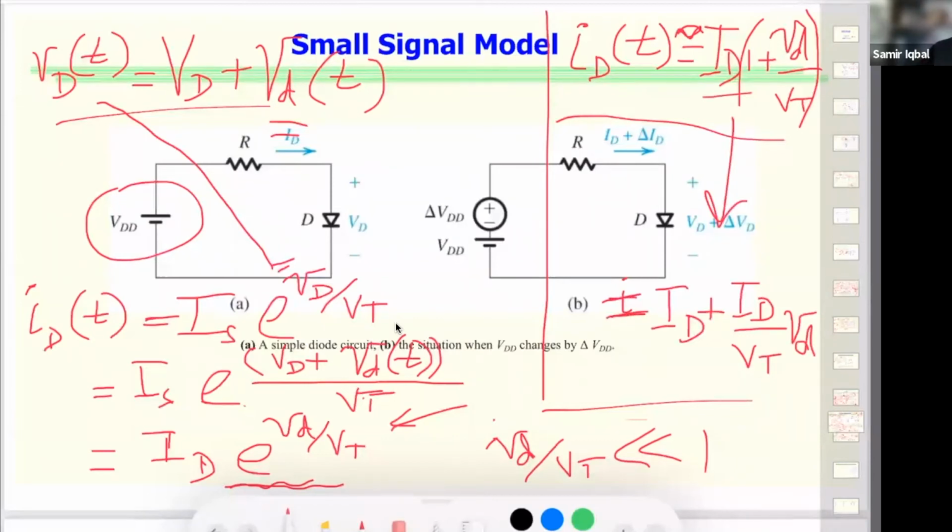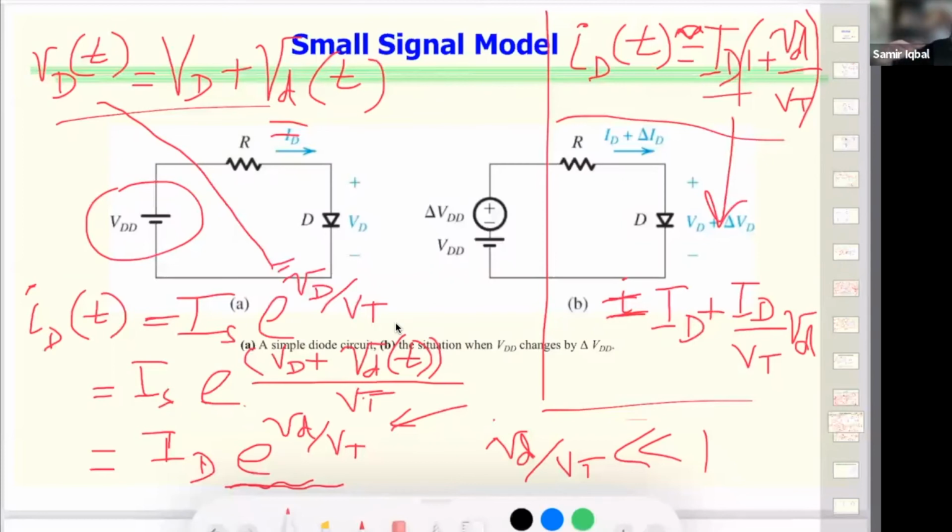This is a very important relationship. What we are doing here is introducing a small signal that is a time varying signal. So we are bringing in the concept of ultimately an AC signal, but right now we just call it small signal.